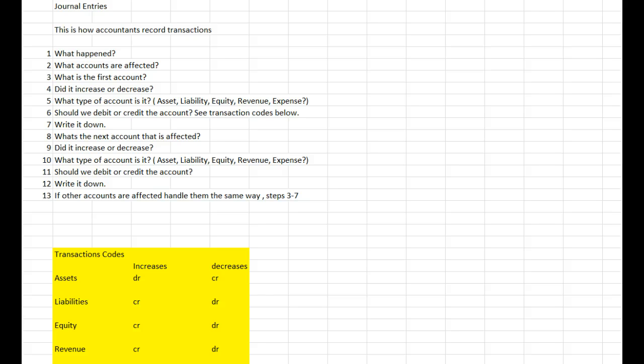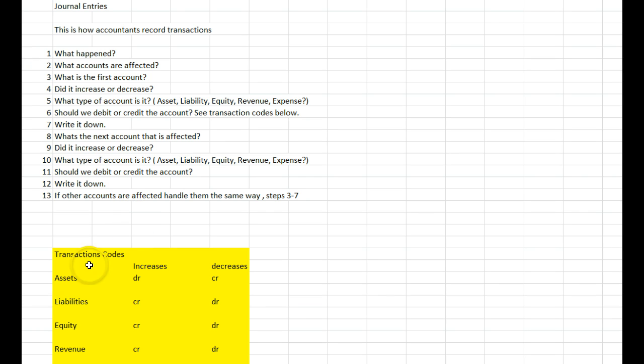It says that the company also received $60,000 worth of drafting equipment. Okay, so we're actually on the next account here. Did it increase or decrease? We have more drafting equipment into the company, so it increased. What type of account is drafting equipment? It's something we own, it's an asset.